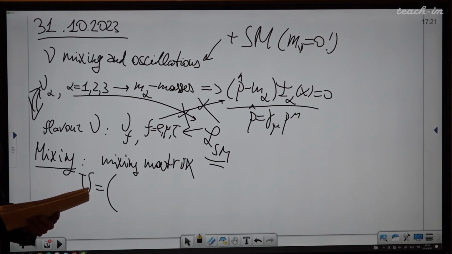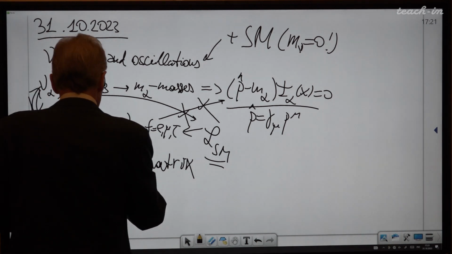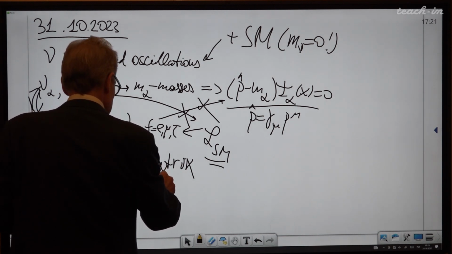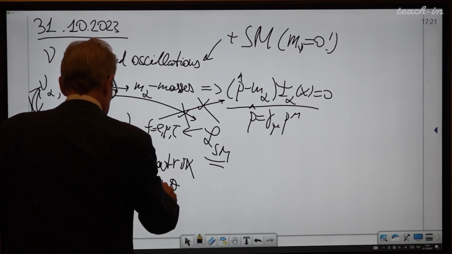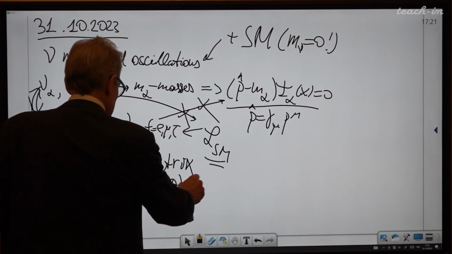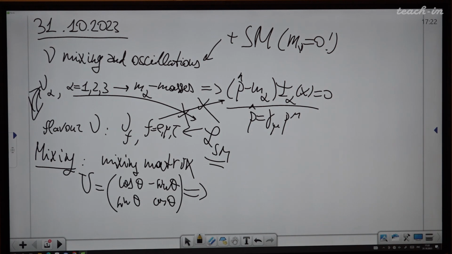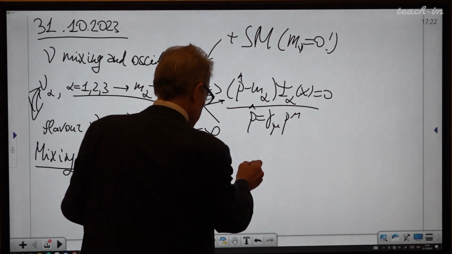For convenience, it can be chosen as an angle: cosine theta, sine theta, minus sine theta, cosine theta, where theta is the mixing angle.